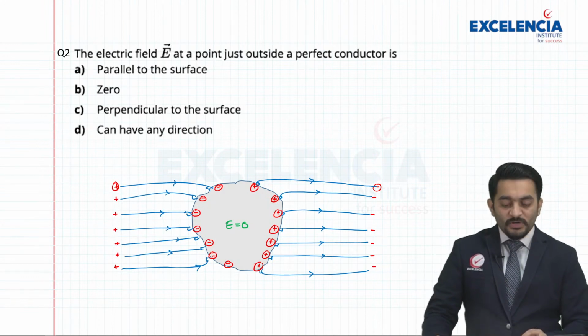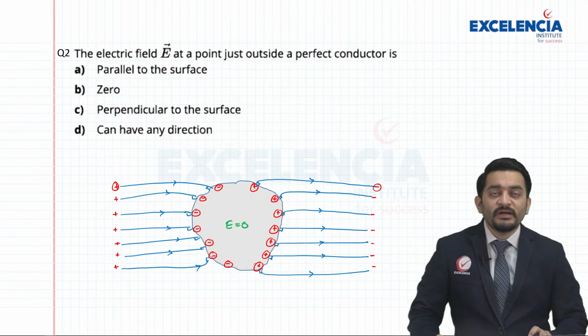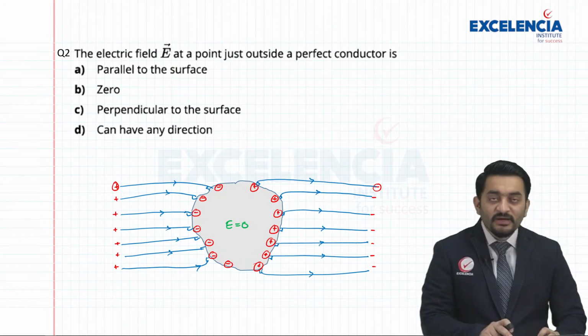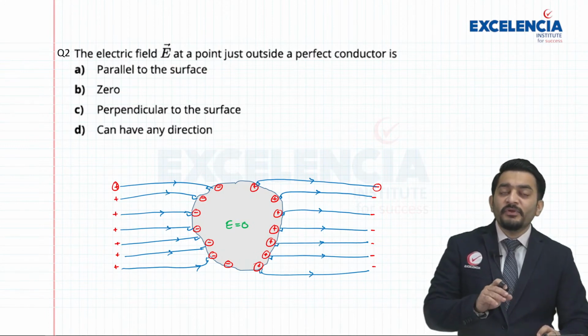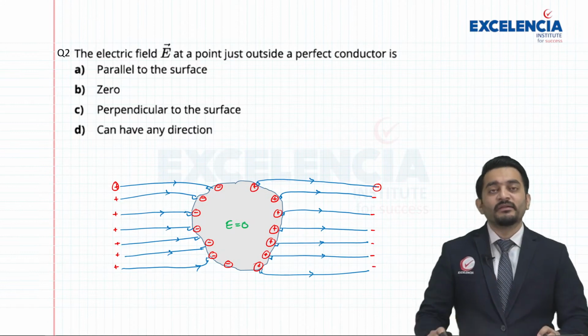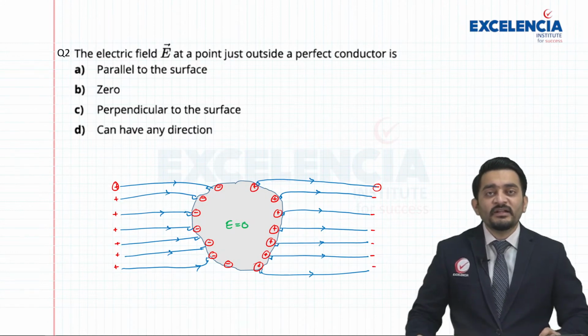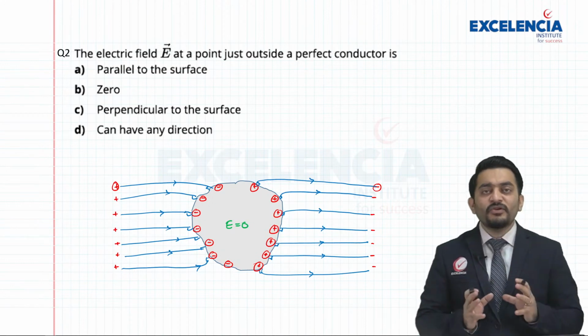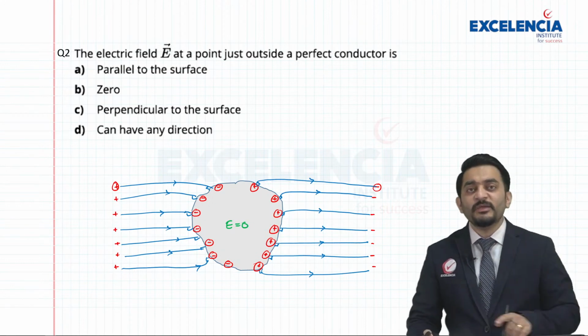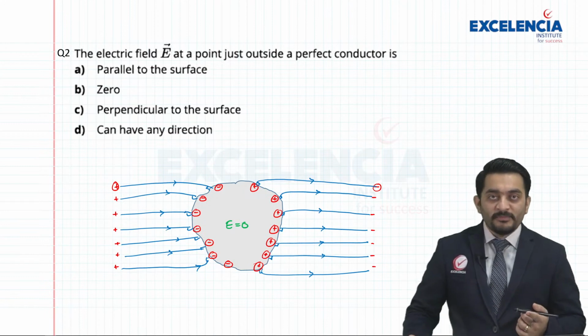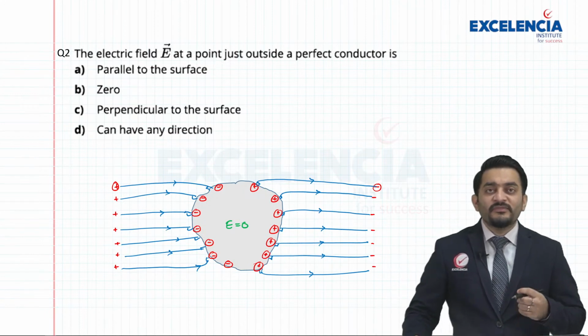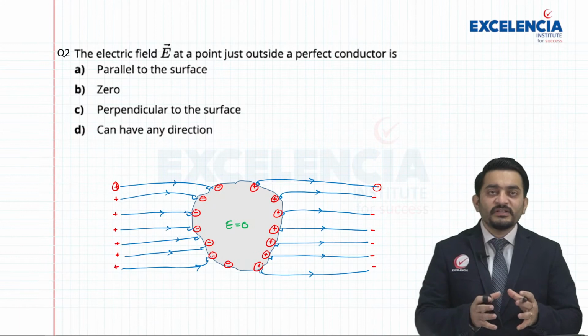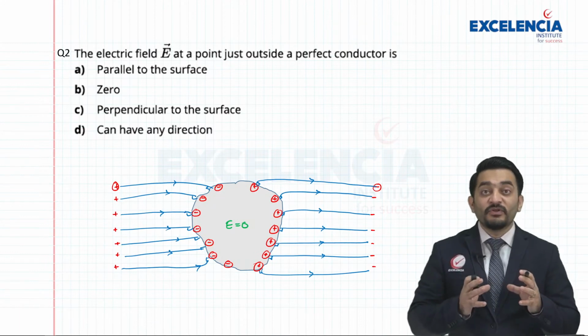The reason for that is, if an electric field component exists on the conductor, your charge will start accelerating, and then you will never get a charge in a state of rest or equilibrium on this conductor, because it will keep on moving, which is not going to happen. Whenever you store any charge on a conductor, it stays in an equilibrium state and will not move.